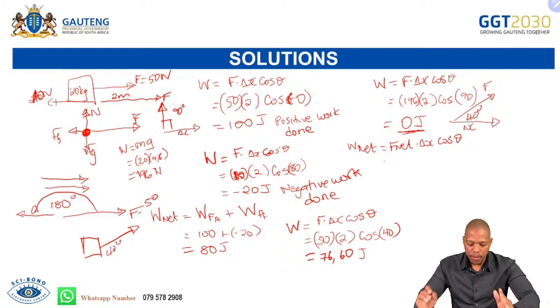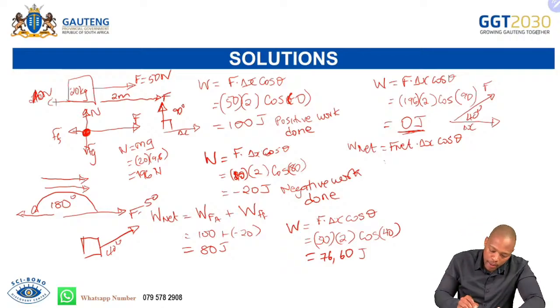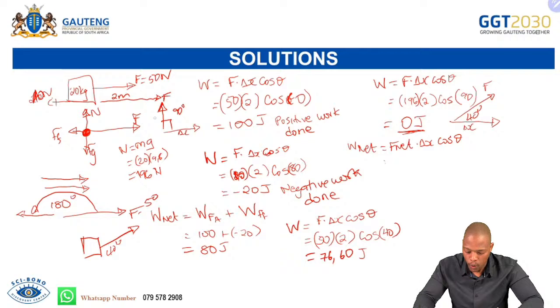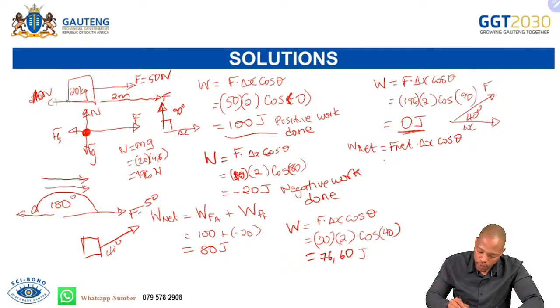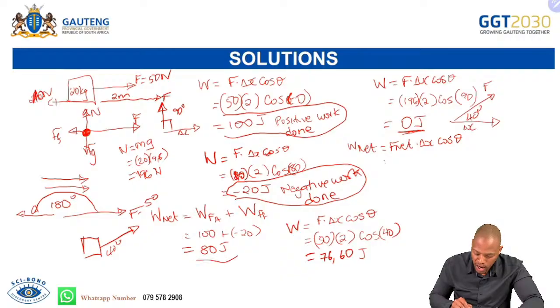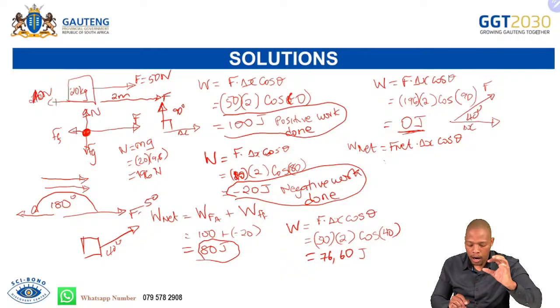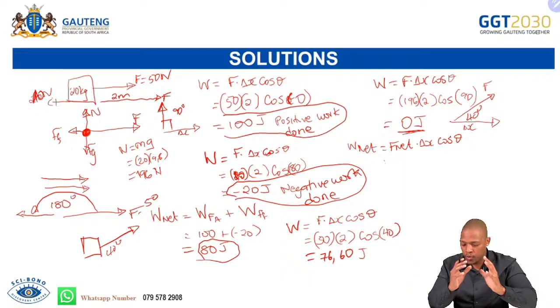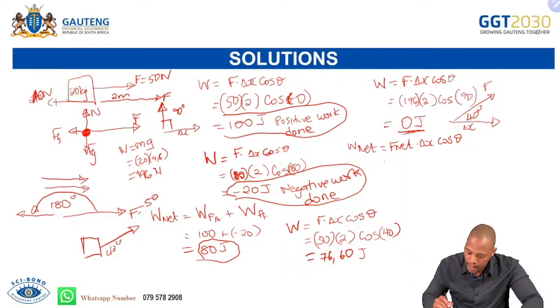So most important, grade 12, remember the angle between displacement and the force in question. Remember, positive work done. Remember, negative work done leads you to net work done. Some energy is transferred in, some energy is taken away. We are left with the energy that actually does the work, or the work net.